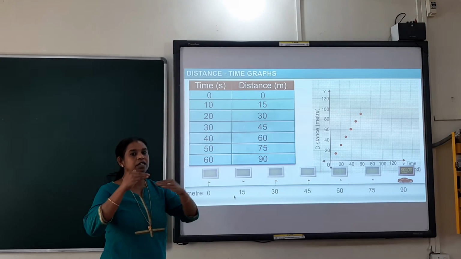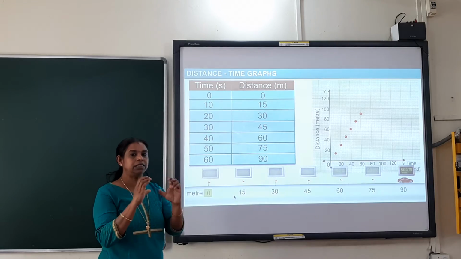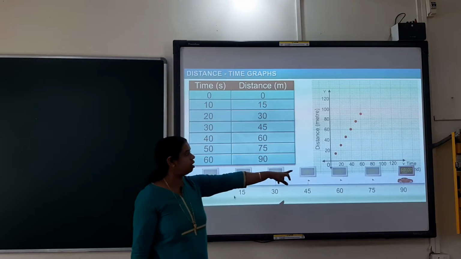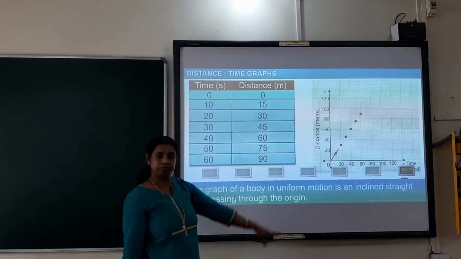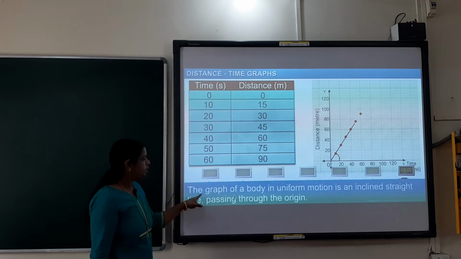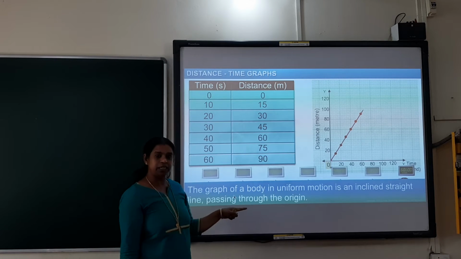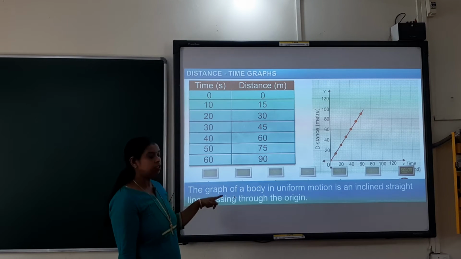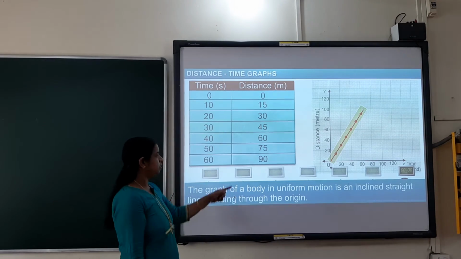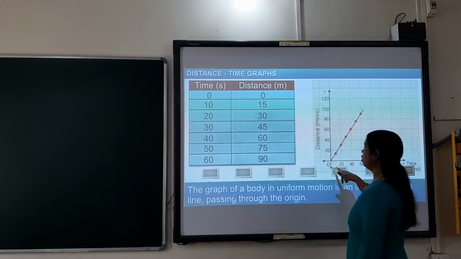Means in equal intervals, that means in 10 seconds how many meters is it going? 15 meter. Then if you plot the graph, here we will get a straight line passing through the origin. Here the graph of a body in uniform motion is an inclined line passing through the origin. The graph of uniform motion is an inclined line passing through the origin.